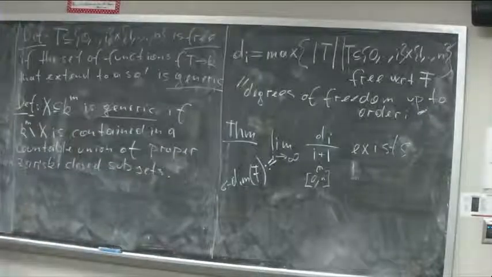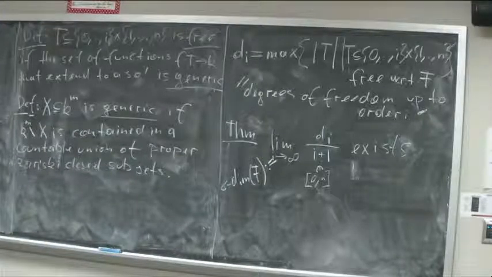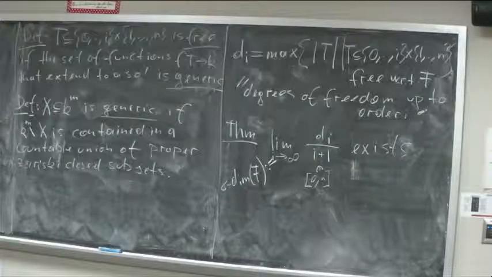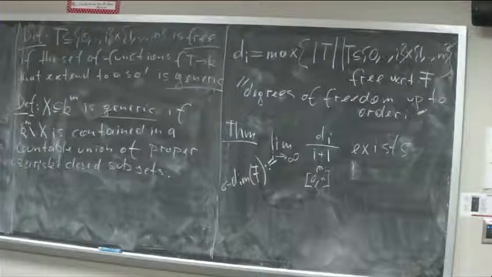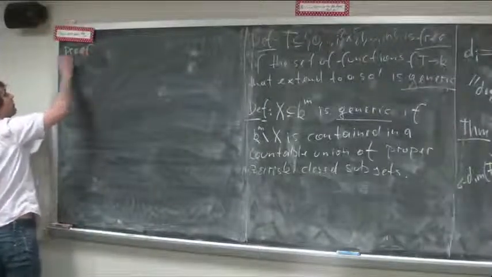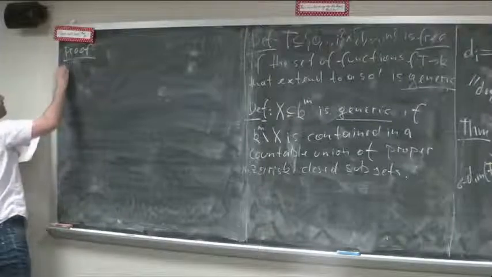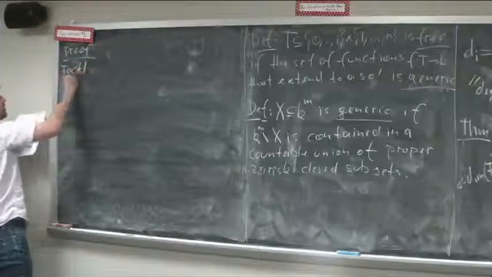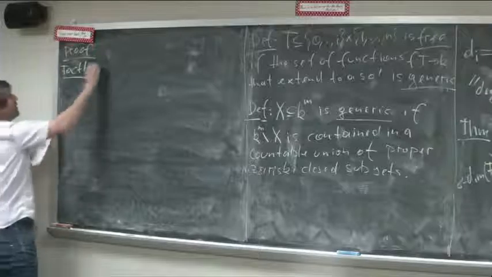All right, so I wanted to give somehow the outline of the proof, because it also gives a little bit more information on what's going on. And so it somehow boils down to 3 facts. So let me state the first fact.